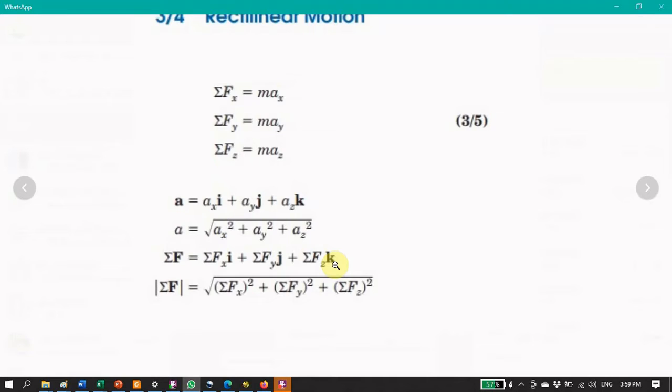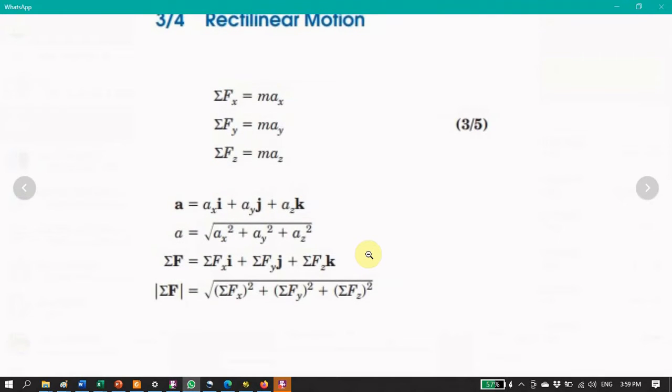In Professor Hibbeler's books, the way that we represent the body forces is different compared to Professor Meriam. But for most of the vector quantities, they agree on certain conventions on the way to represent these vector quantities.